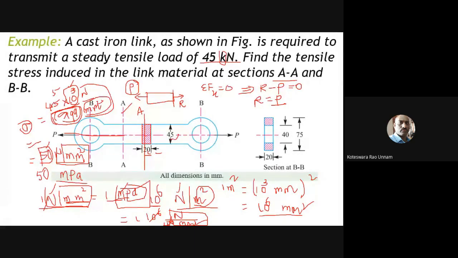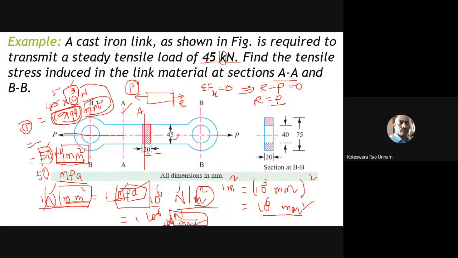Because if you design for 50 Newton per meter square instead of 50 Newton per mm square, then when you apply the actual load of 45 kilonewtons, your component is going to fail. You may think only the unit is written wrongly but the value is correct, and the component will still withstand. But the design engineer failed there, so your answer is also wrong.